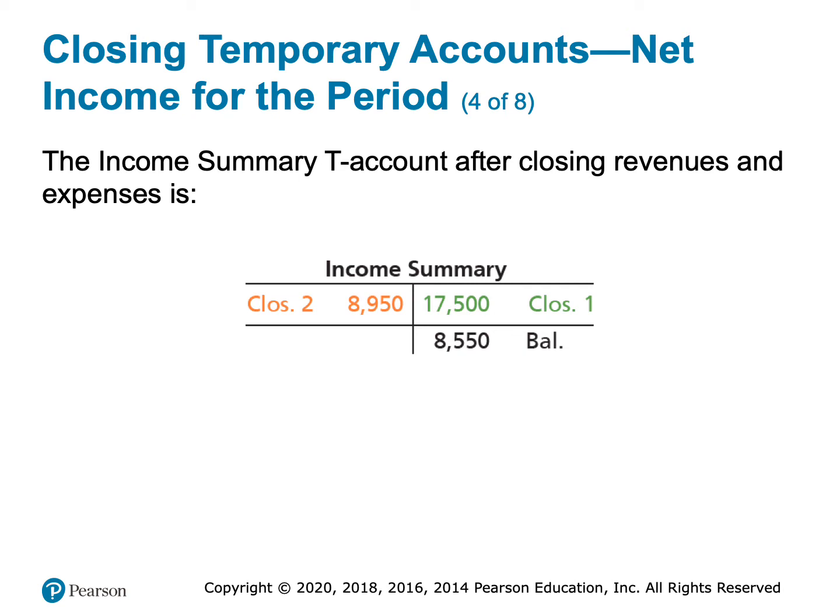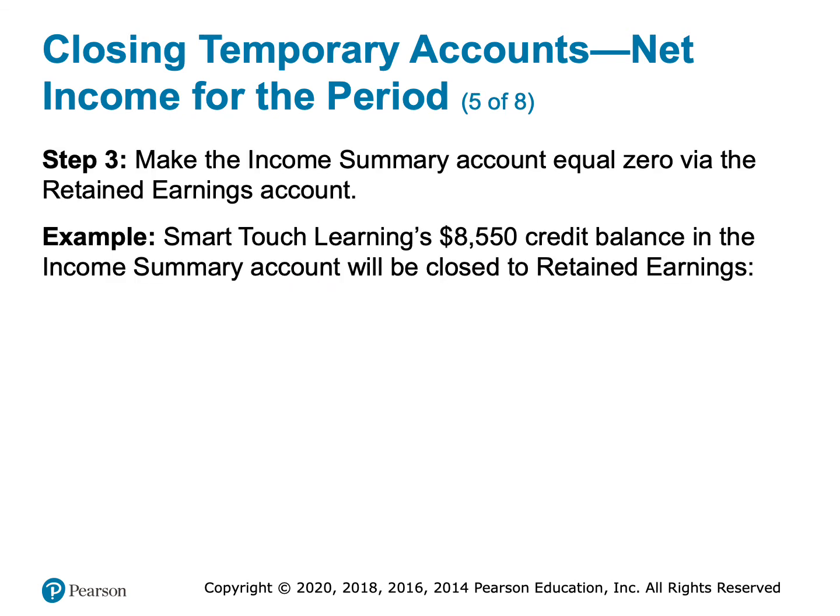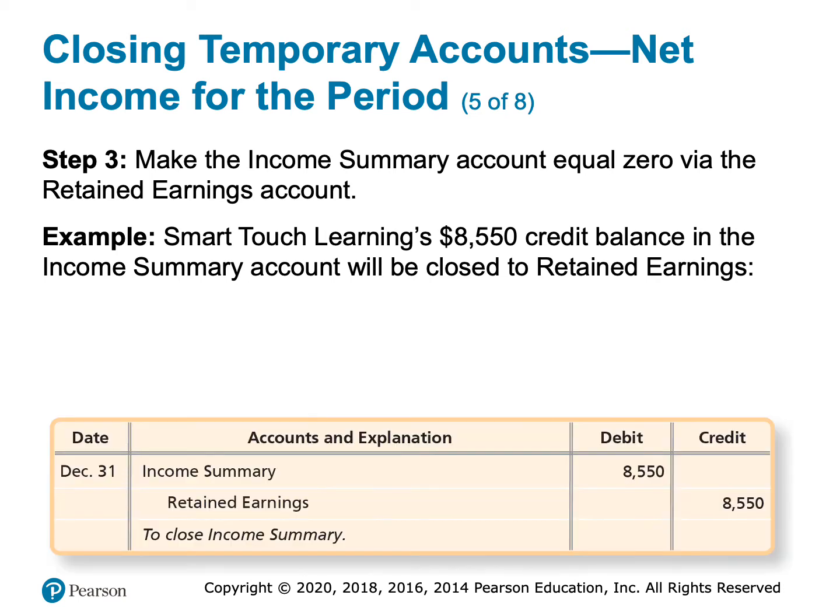So now that I've got income summary, which is the account that summarizes net income, I want to close this account to retained earnings. So since income summary has a credit balance currently, to close it out, to zero it, I would want to debit it. So to close income summary to retained earnings, I would want to debit income summary and credit retained earnings.